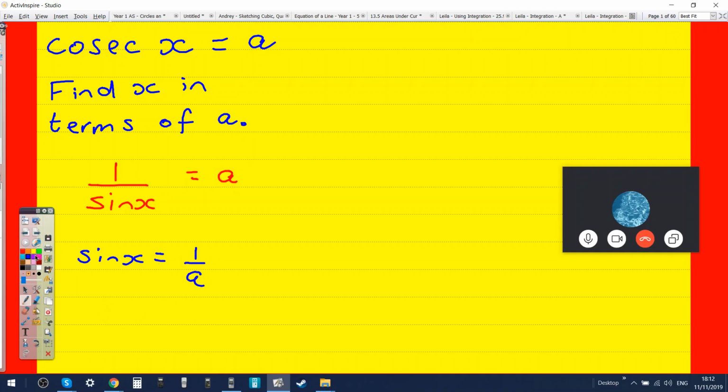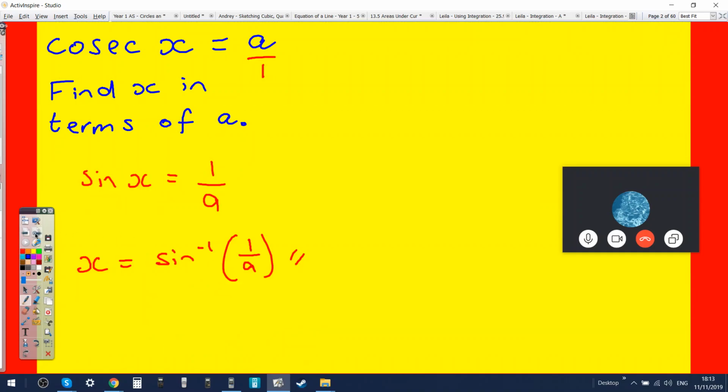Okay. And so how would you get x? So x equals arc sine. Arc sine. Okay. Why's it arc sine? Is it because you sine to minus 1? Yeah. 1 over a. Yes. There we go.